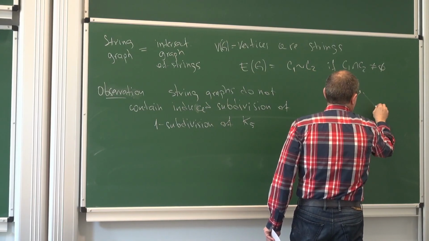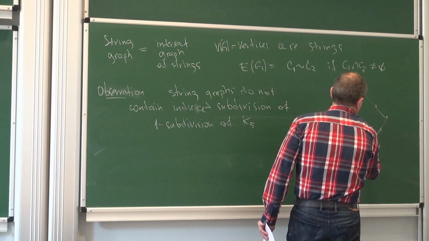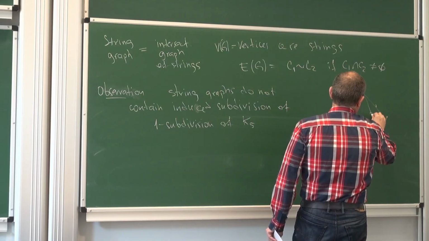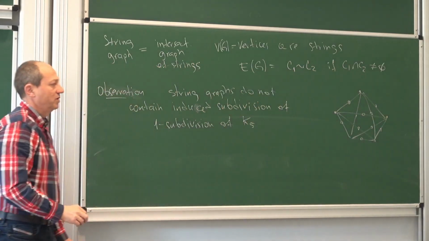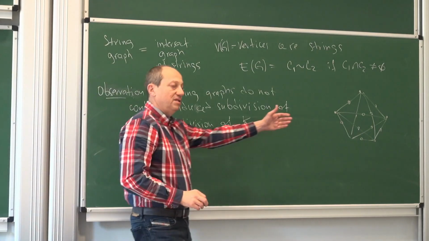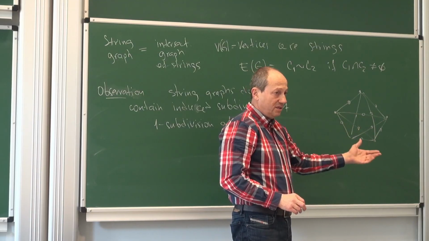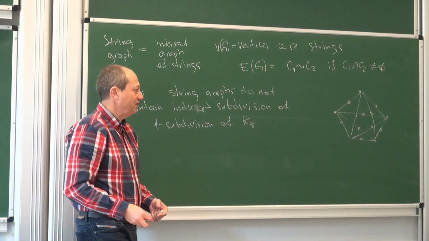Right? Okay, so you take this, take this, right, and you take this. So one subdivision of K5. Now, right. So what I claim is that a string graph does not contain this as an induced subgraph or even a subdivision of this as an induced subgraph. And this is easy to see why, because we know that K5 is not planar.